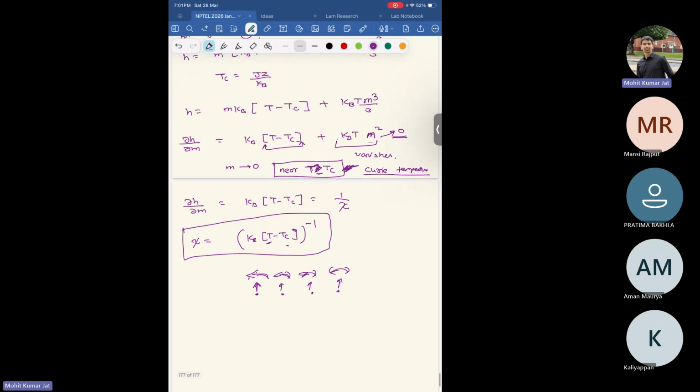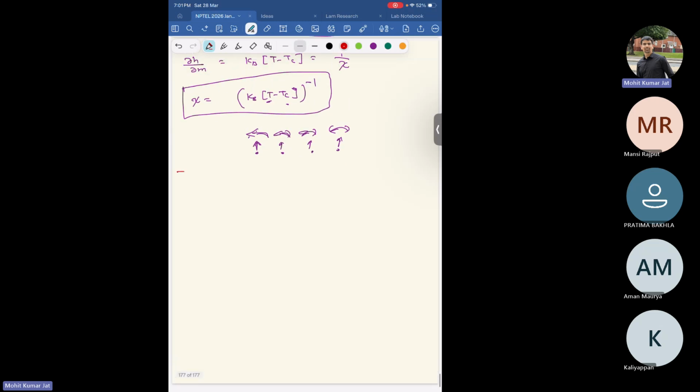So what I was saying in the summary is that below the Curie temperature Tc, finite magnetization will be there, so M is not equal to zero.